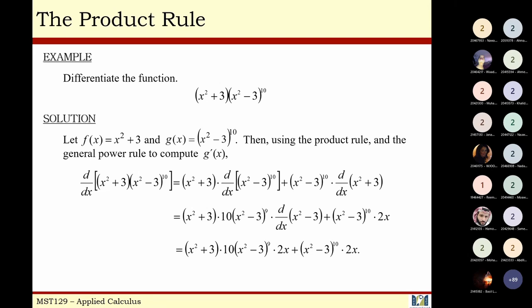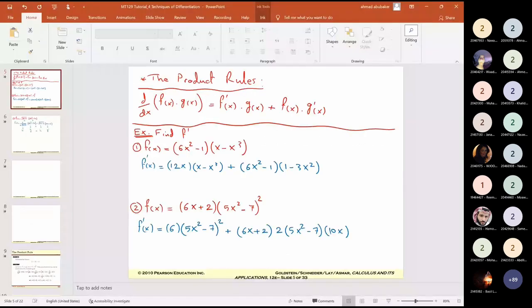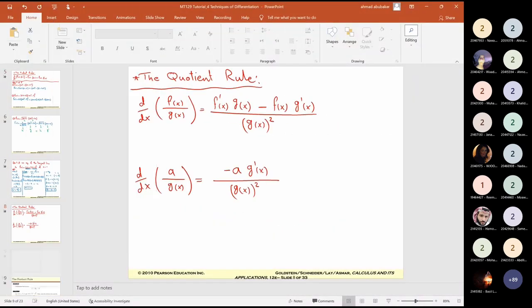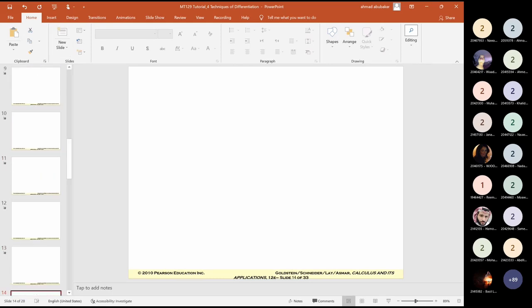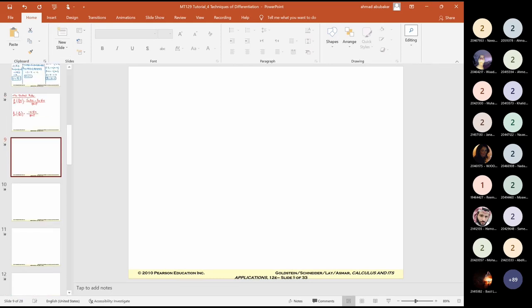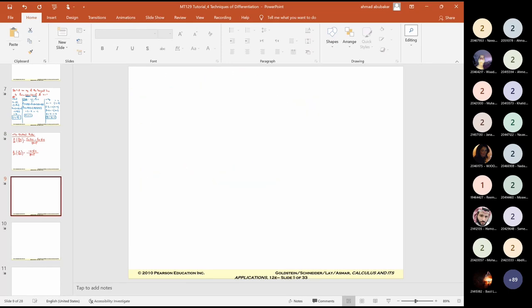Example. Find y prime. Number 1: if we have y equals (3x squared minus 12) over (7 minus x).